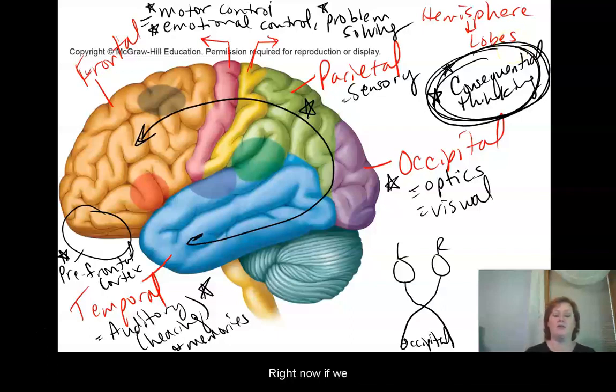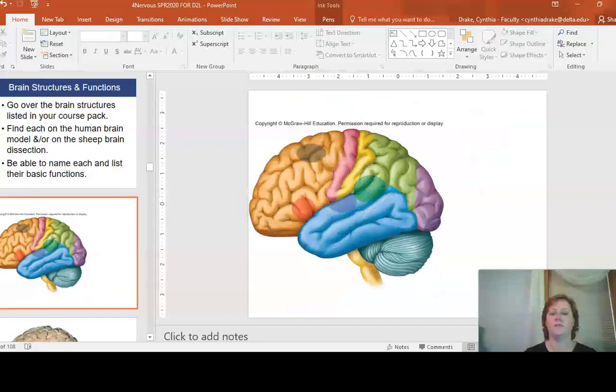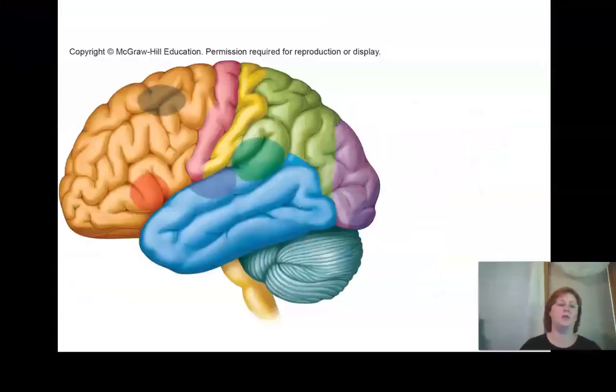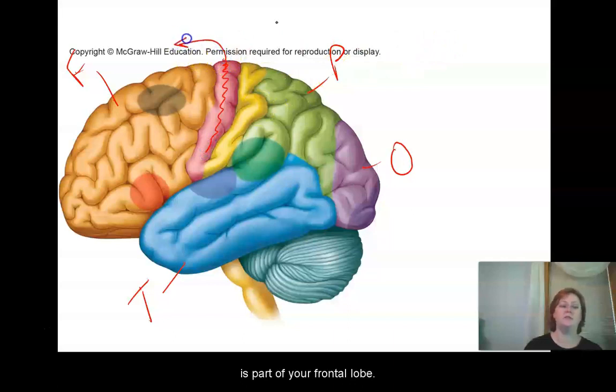All right, now if we clear this out again here real quick. So we had the frontal lobe, parietal lobe, occipital lobe, and temporal lobe. This squiggly ridge right here is part of your frontal lobe.